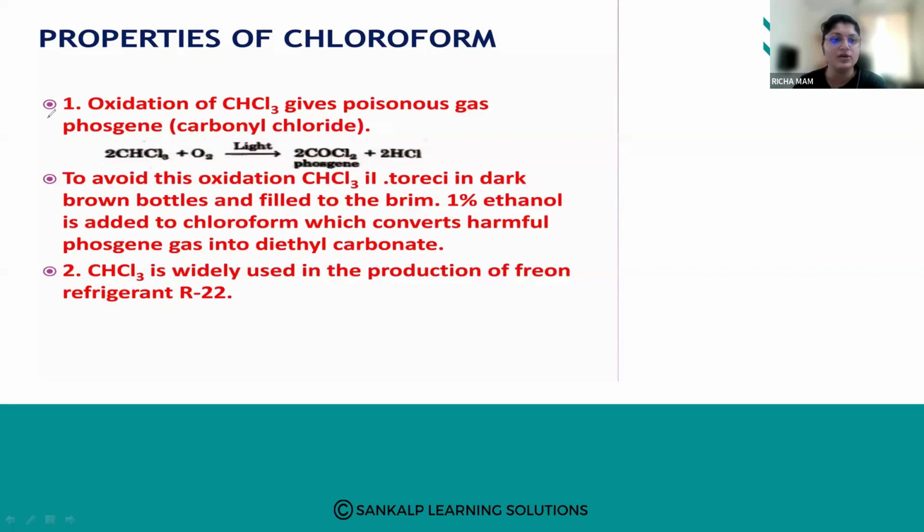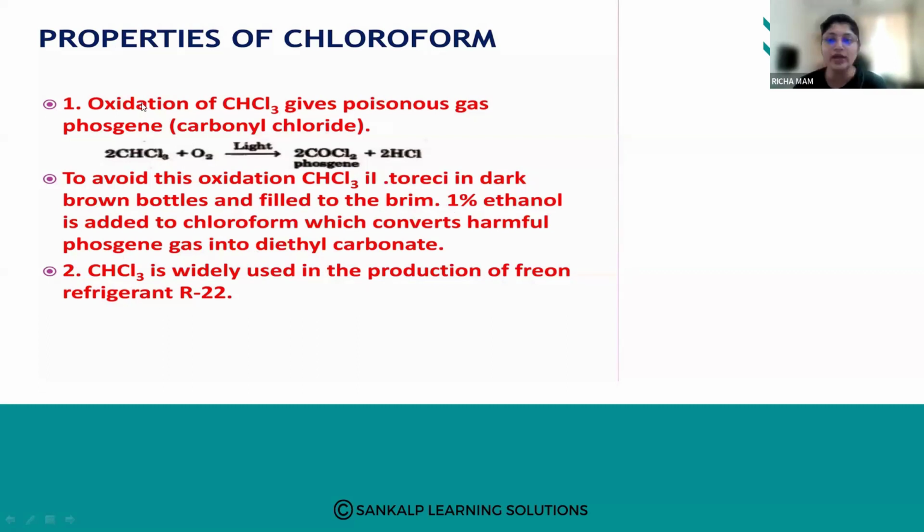Now, to avoid this oxidation, CHCl3 is kept in dark brown bottles and filled to the brim. 1% ethanol is added to chloroform, which converts harmful phosgene gas into diethyl carbonate. So how to avoid this oxidation of chloroform?